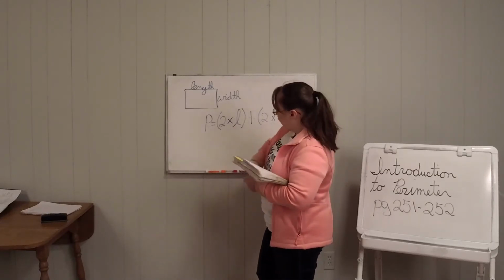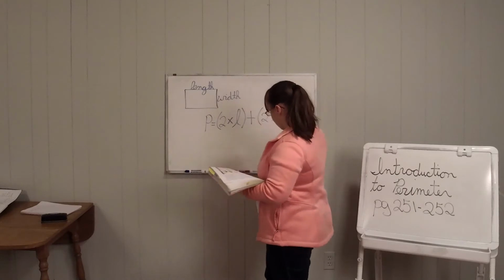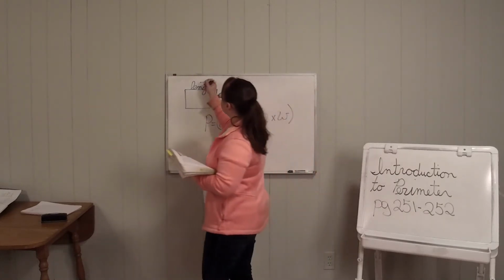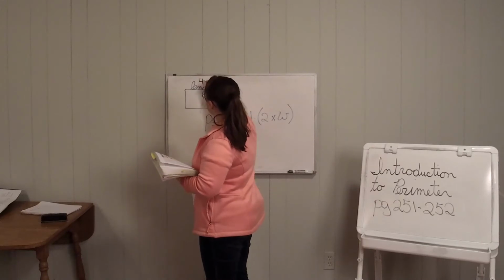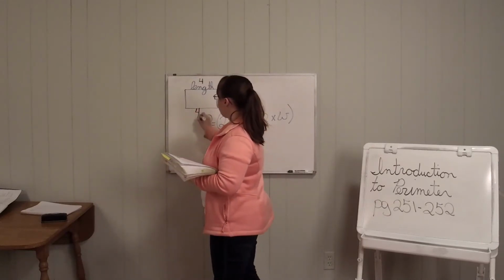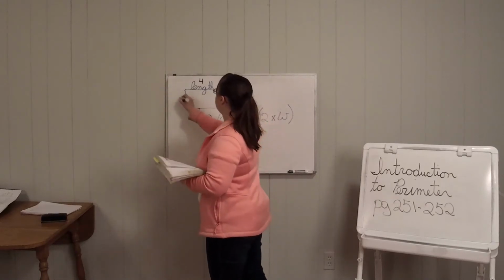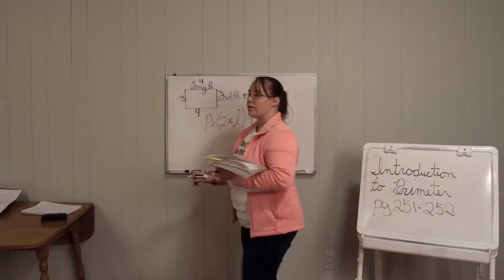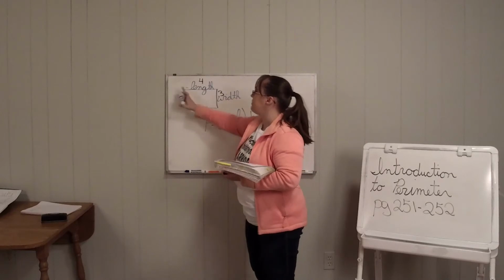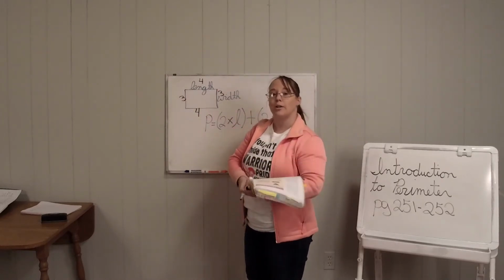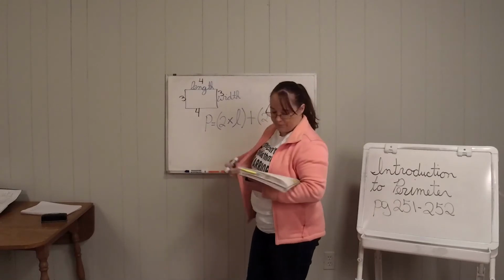So if we look at that rectangle in your book, it has this side as 4, so that means this side is 4. This side is 3, this side is 3. Because remember, these sides are the same and these sides are the same. They're parallel. We learned that when we were talking about geometry.